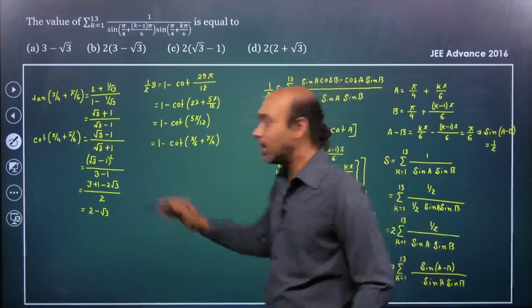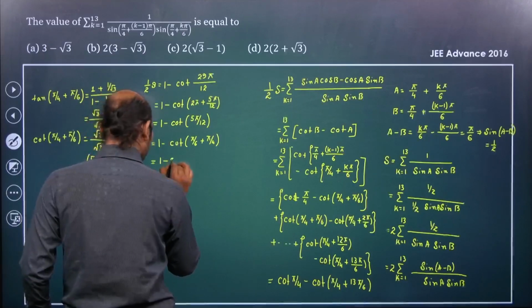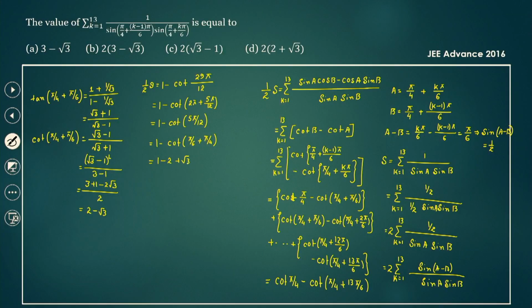Now let's substitute that value here. So we get 1 minus 2 plus root 3. That implies we get root 3 minus 1. And that's why the required summation is equal to 2 times root 3 minus 1. And that's the final answer.